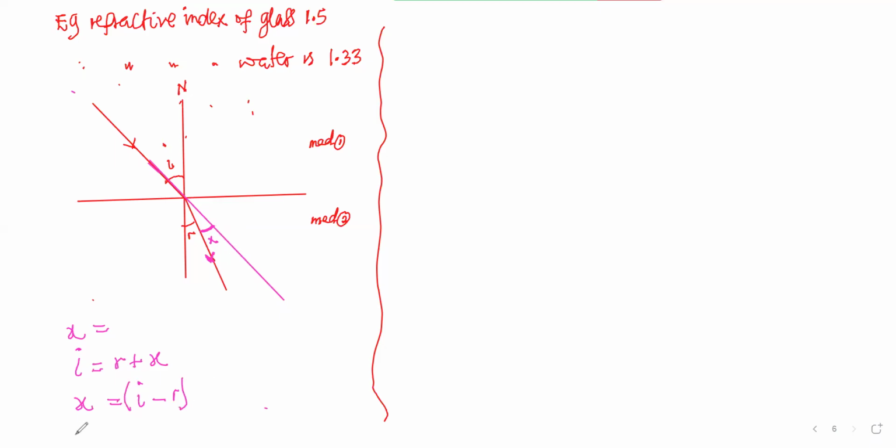This angle X is known as the angle of deviation. So where X is known as the angle of deviation, I am representing the angle of deviation by this symbol sigma.